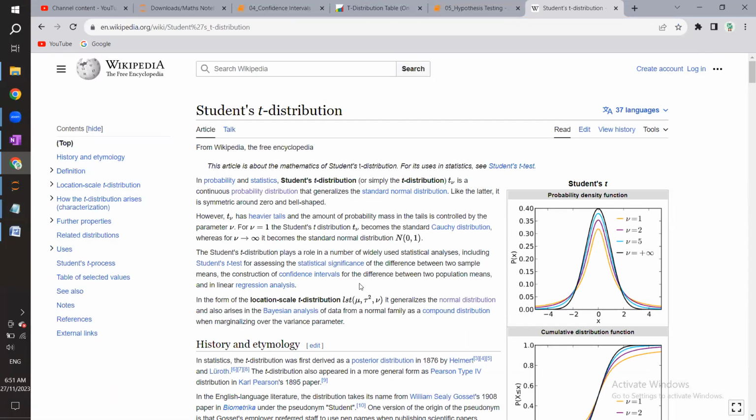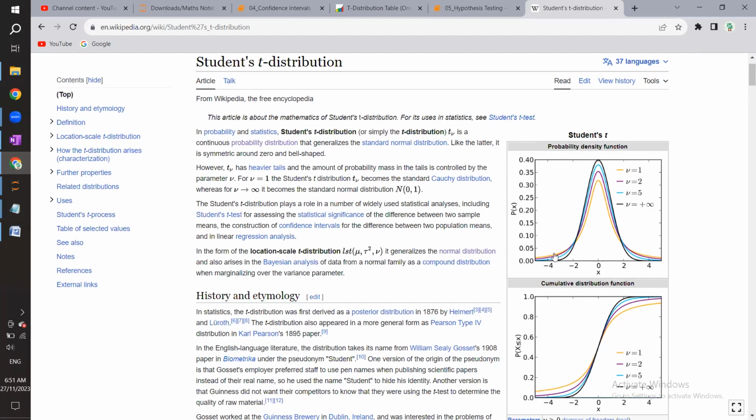It's actually the person who was studying this. Every time he did some research, he used to name it as student. Not sure why, because he might have been teaching his students. He did not use his name. Normally you have the inventor's name, like Pascal, Newton, Einstein. But this guy, in all his researches, was using the word student. So like that, his distribution slowly came into the picture as the student distribution itself. That's a small background.